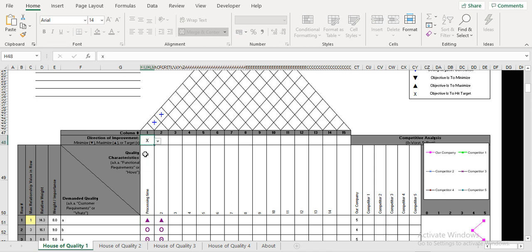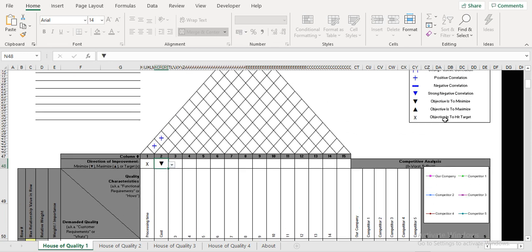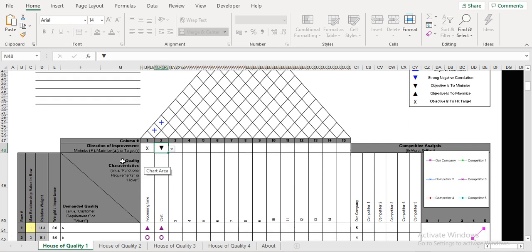It is on our target, need not make any improvements, it is actually performing as per the requirement. If you take cost, when the cost is as per the requirement, or you need to increase it or maximize it. If you want to increase the cost, you can give the maximize symbol, otherwise the minimize symbol. So this is about objective to minimize or maximize, we use it for the direction of improvement.